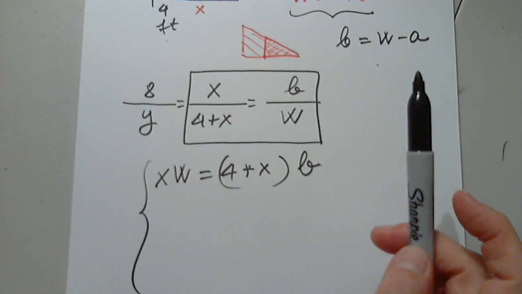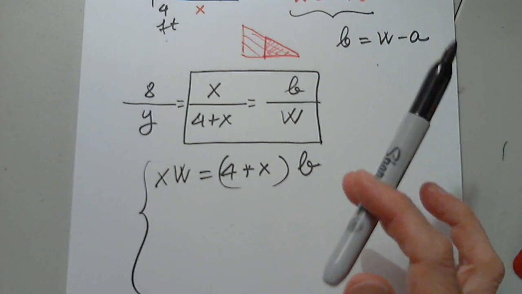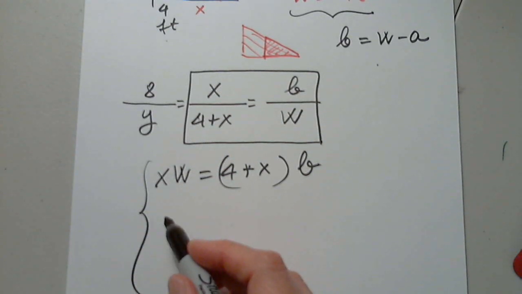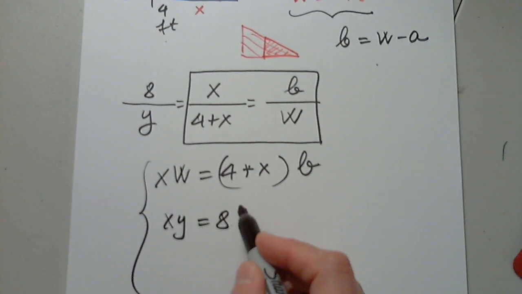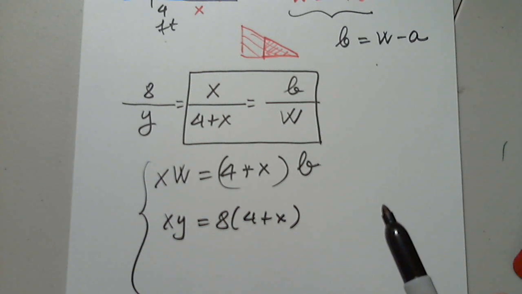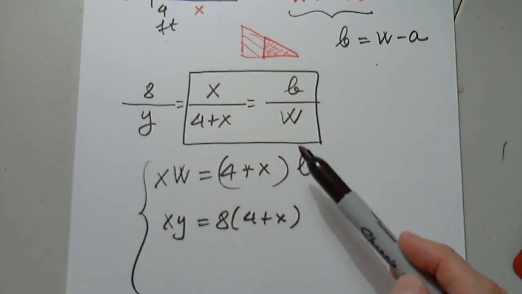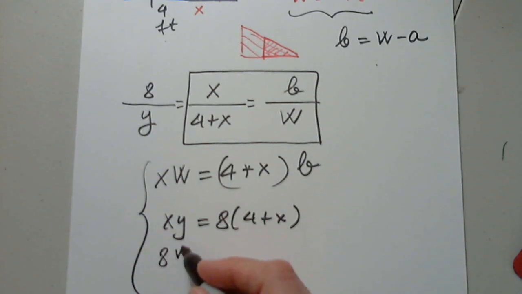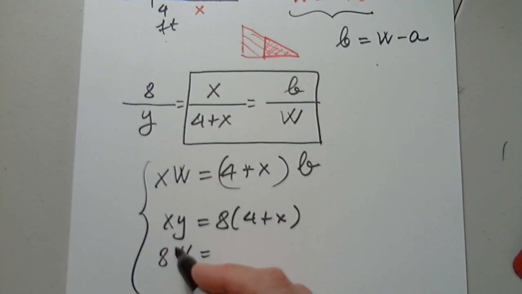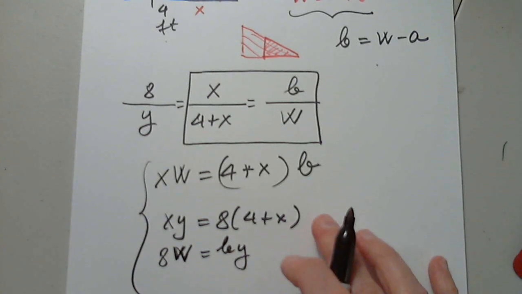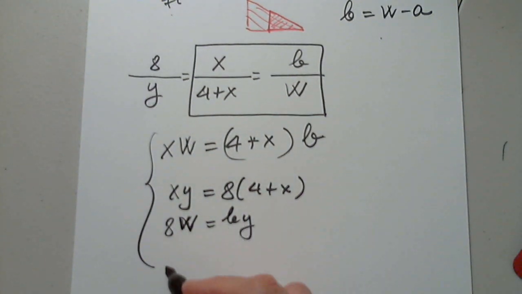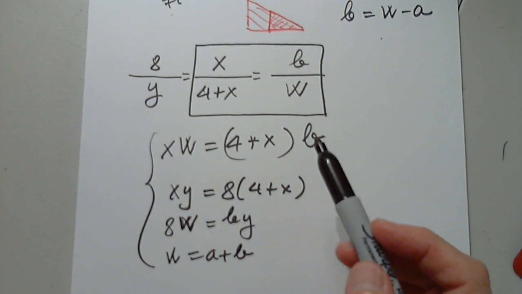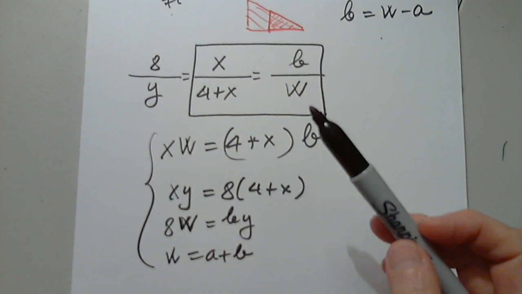Okay, so xy equals 8 times 4 plus x. 8w equals by. w equals a plus b. Okay, so let's see how we continue.